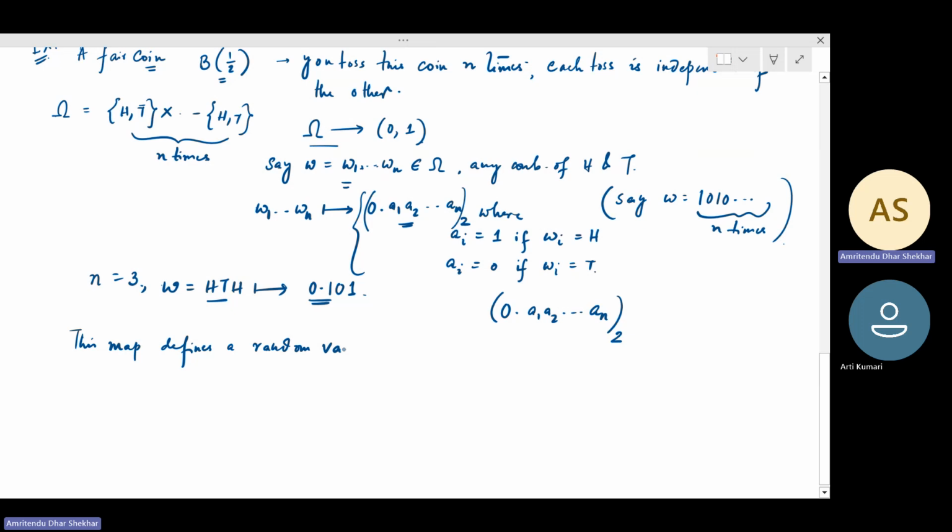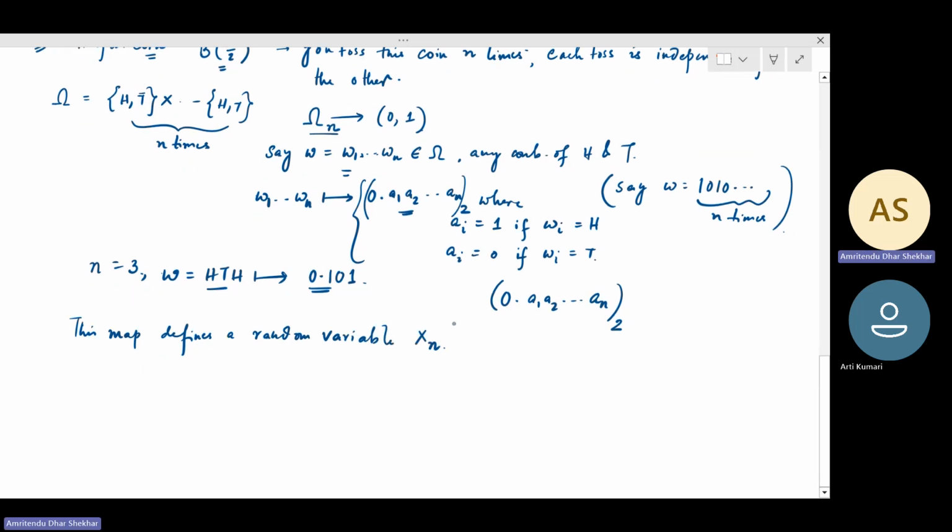Because this is n times, I'm going to subscript it by n. So it defines a random variable Xn from omega n to 0 comma 1.